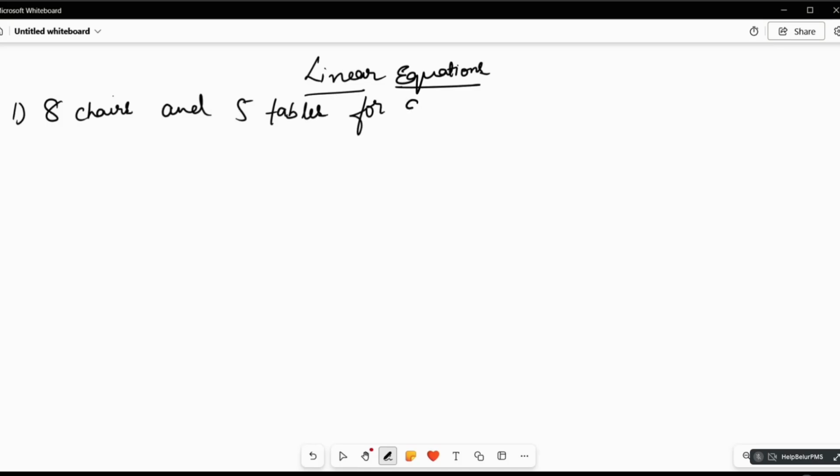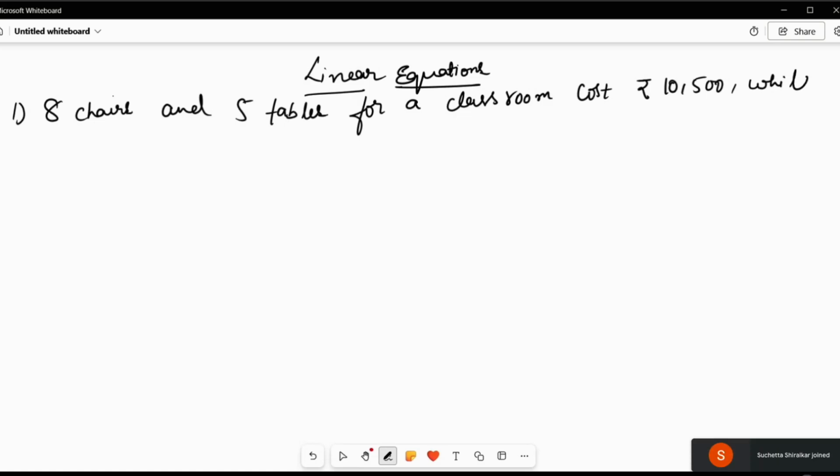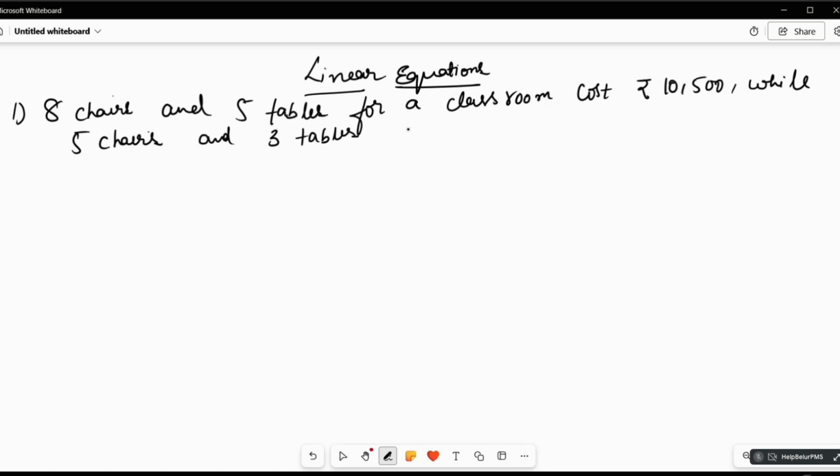Yes, ma'am. Okay. For a classroom, 8 chairs and 5 tables cost rupees 10,500, while 5 chairs and 3 tables cost rupees 6,450.